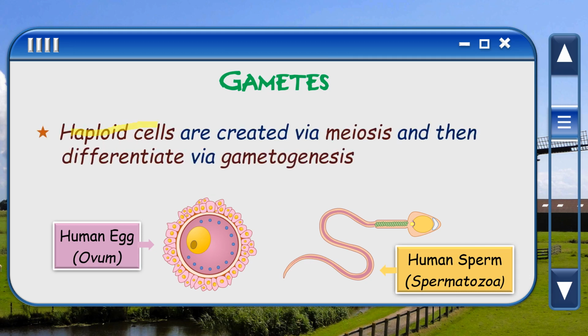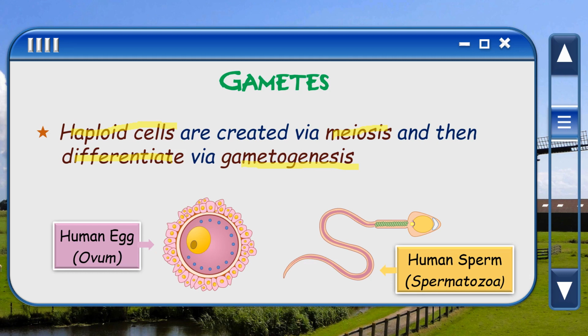Haploid cells are created via a process we call meiosis, and then they differentiate via gametogenesis. Meiosis is a cell division which results in the formation of 4 haploid cells, which have half the total chromosome number.